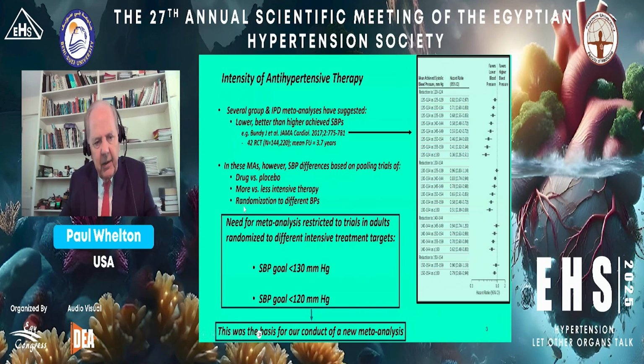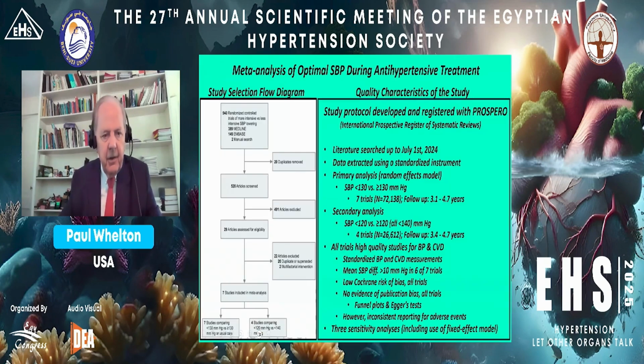And so we specified trials that had a target in the more intensive group of less than 130 versus higher, and we looked for trials that had less than 120 versus a higher pressure. That was the basis for our meta-analysis. You can see here on the left-hand panel the flow diagram.